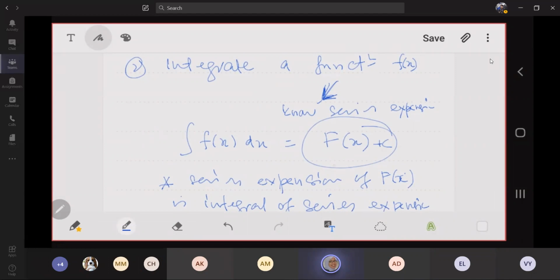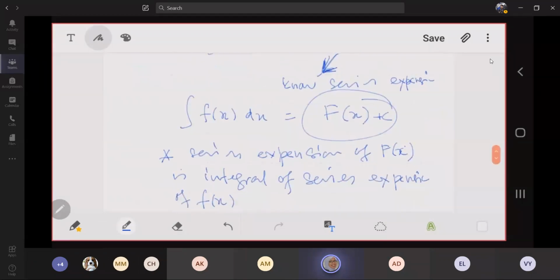So let's say for example, you want to find the series expansion of this, so you just integrate the series expansion of this.